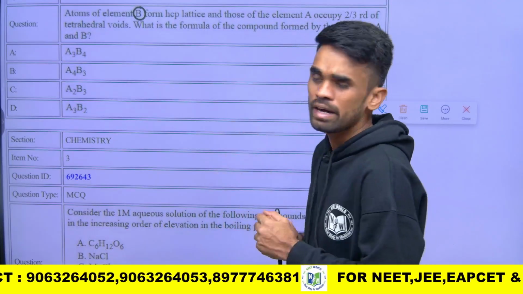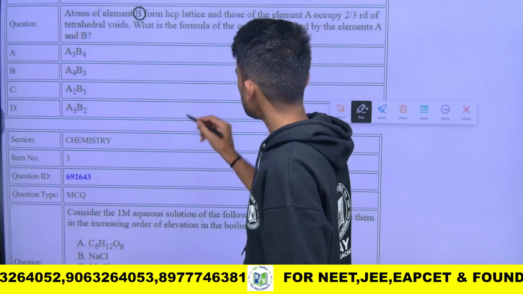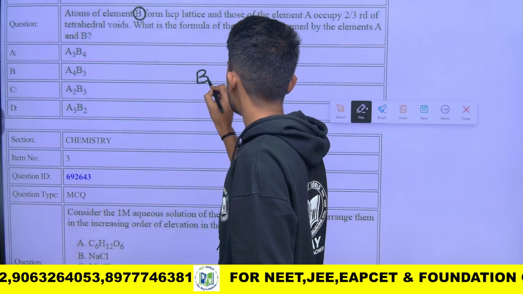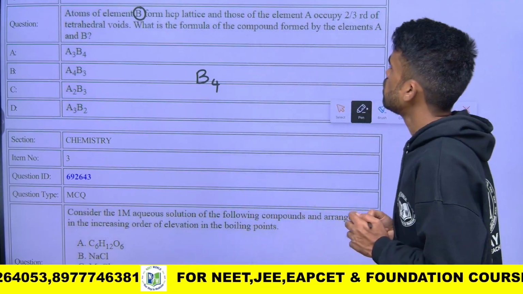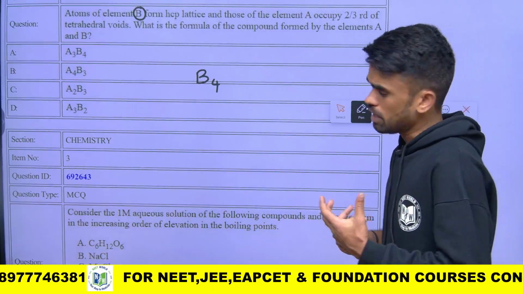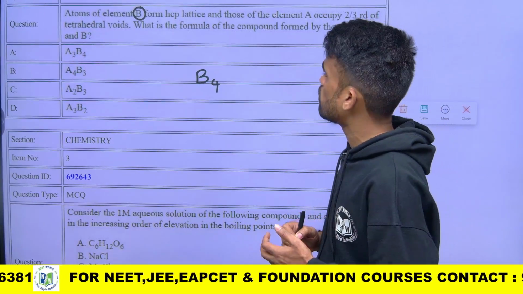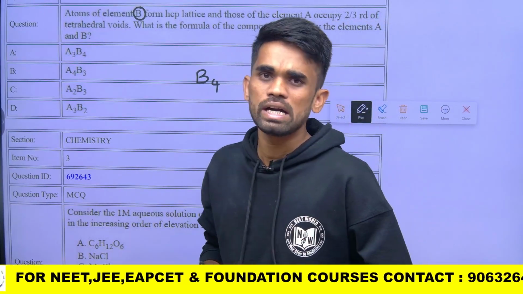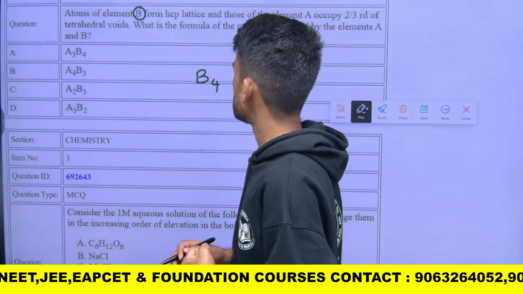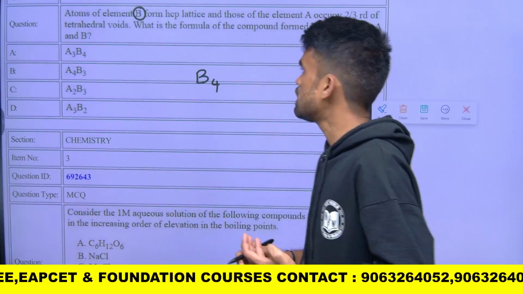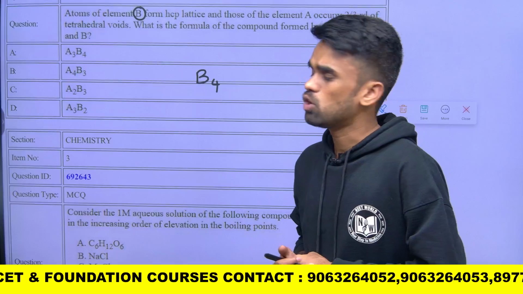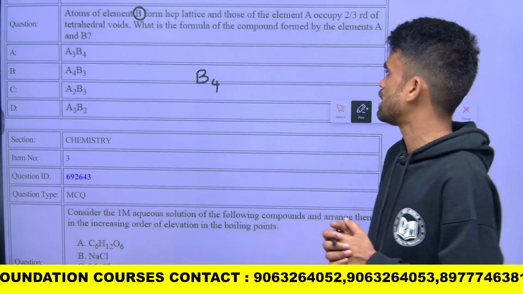For forming this HCP we require 4 atoms, right? So I am writing B4. Now we know the number of tetrahedral voids and octahedral voids. Sorry, 4 octahedral voids and 8 tetrahedral voids. 8 tetrahedral voids are there.